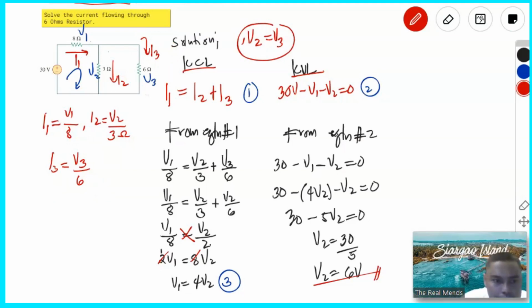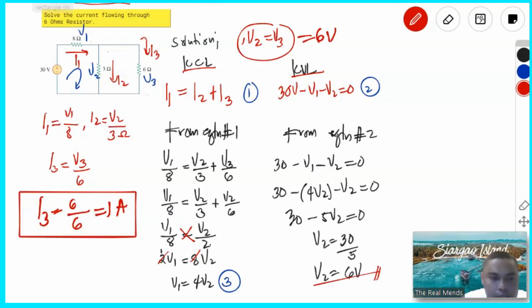Thus our I3 is equals to, so our V3 is the same as this V2, and the value for V2 is just 6 volts. So V3 is equals to 6 over 6, so that gives us 1 ampere. So therefore the value of our current from the 6 ohms resistor is 1 ampere. So it is the same as the answer from our previous technique, that is Ohm's Law.